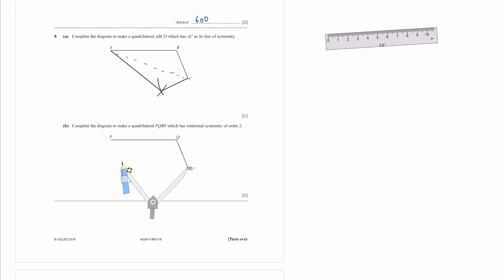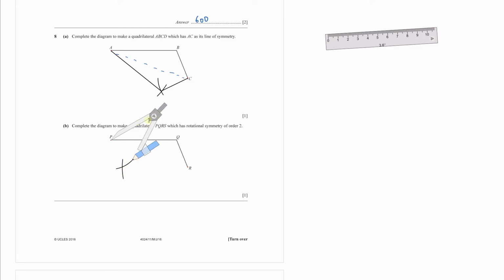So this is your length RS, and then you also know that QR would be equal to PS. So since we are already centered at R, I can adjust the length of my compass to be equal to RQ here, and then place the compass at point P here, and then I can draw this arc here.